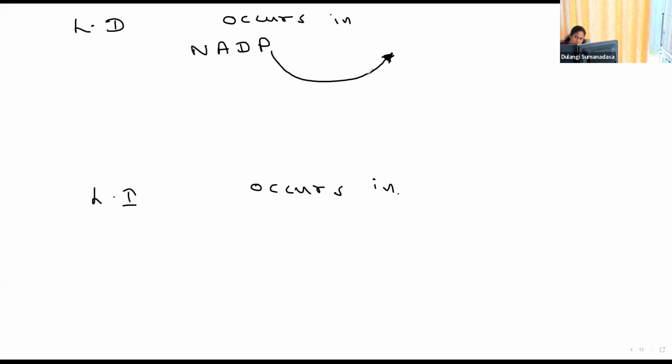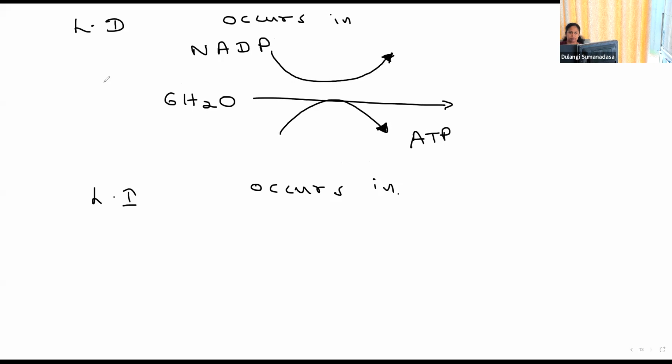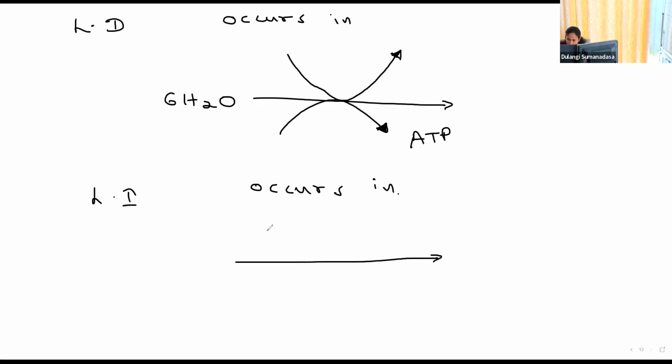So NADP goes in and the product needs to be. Arrowhead always towards the product.